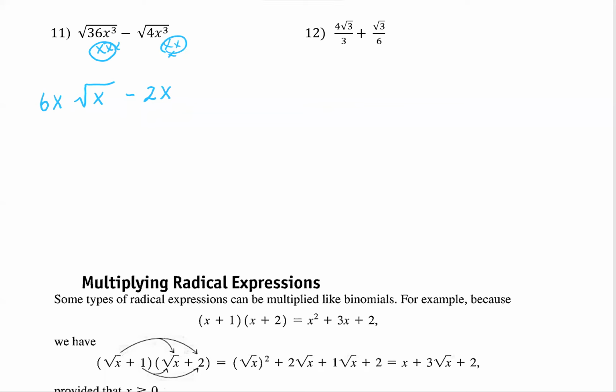So we have a pair of x's. We have an x that goes back under the radical sign. So now we can take 6x minus 2x. That's 4x square root of x.